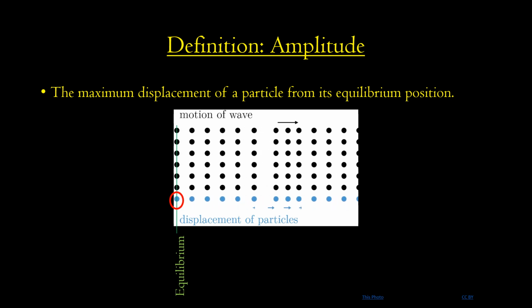The change in position from equilibrium to the maximum distance to the right is referred to as the amplitude. Therefore, the amplitude of a longitudinal wave is the maximum displacement of a particle from its equilibrium position.